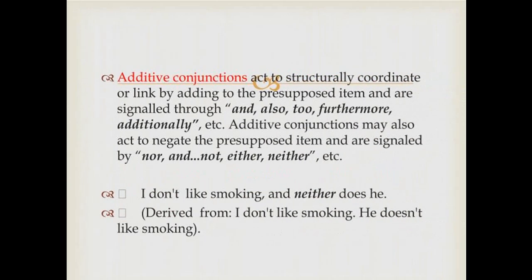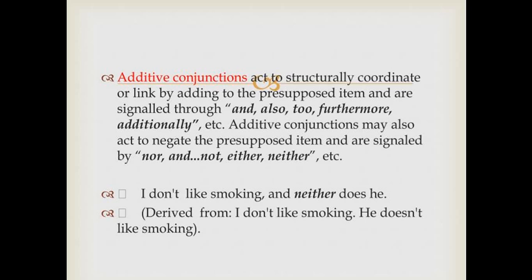Additive conjunctions act to structurally coordinate or link by adding to the presupposed item and are signaled through and, also, too, furthermore, additionally, etc. The additive conjunctions may also act to negate the presupposed item and are signaled by nor, and not, either, neither, etc. So here are some examples.